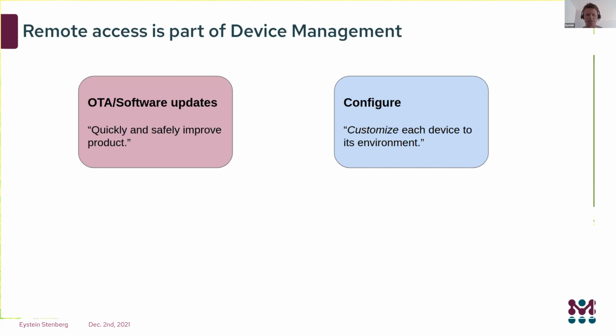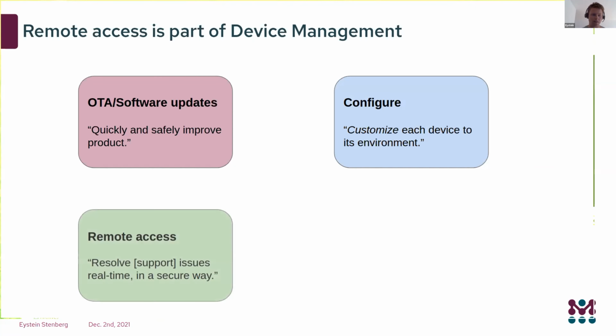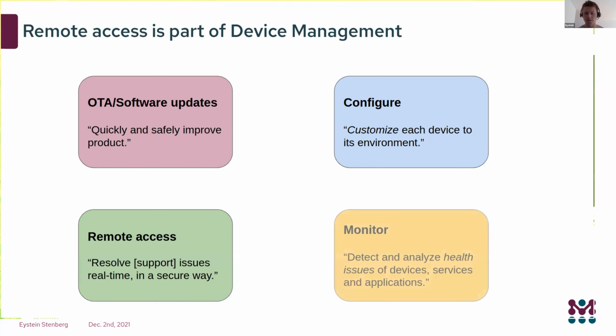Typically OTA software updates would be the same for all the devices, but configuration allows you to make some unique changes. Then we have remote access. This purpose is mainly to resolve support issues real time. And monitoring, I think, is the last piece where you can detect and analyze health issues. So this is a more proactive way than customers reporting issues. Of course, you will have both cases.